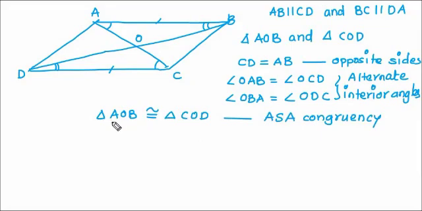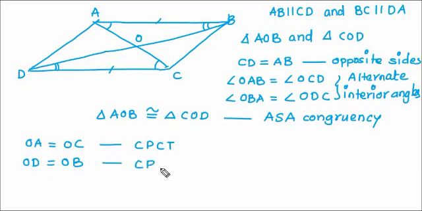And once we get that these two triangles are congruent, OA is equal to OC and OD is equal to OB using CPCT, corresponding parts of congruent triangles. And so we can conclude now that the diagonals bisect each other, because this is equal to this and this is equal to this.